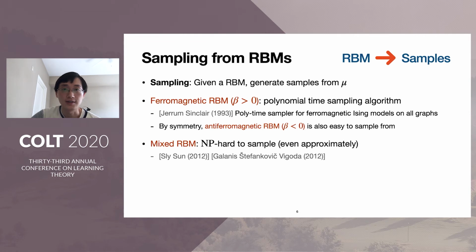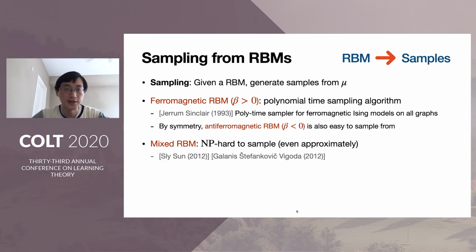And before stating our results for testing, let me first discuss two closely related problems. The first one is the sampling problem, where you are given an RBM and you want to generate samples from its Gibbs distribution. What we know is that for the ferromagnetic RBM, there is a polynomial time sampling algorithm.